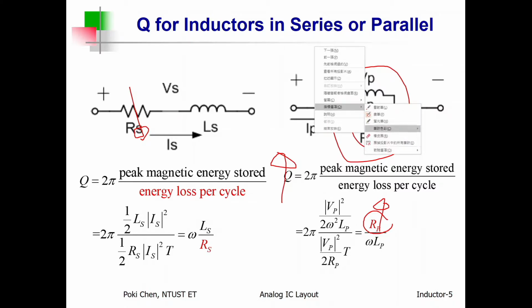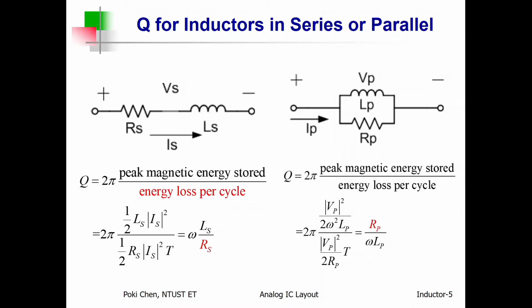Because they are connected in parallel, the larger RP means the less current it conducts here, so the smaller power will be dissipated, will be wasted here. This is the reason why the larger RP, the larger Q.